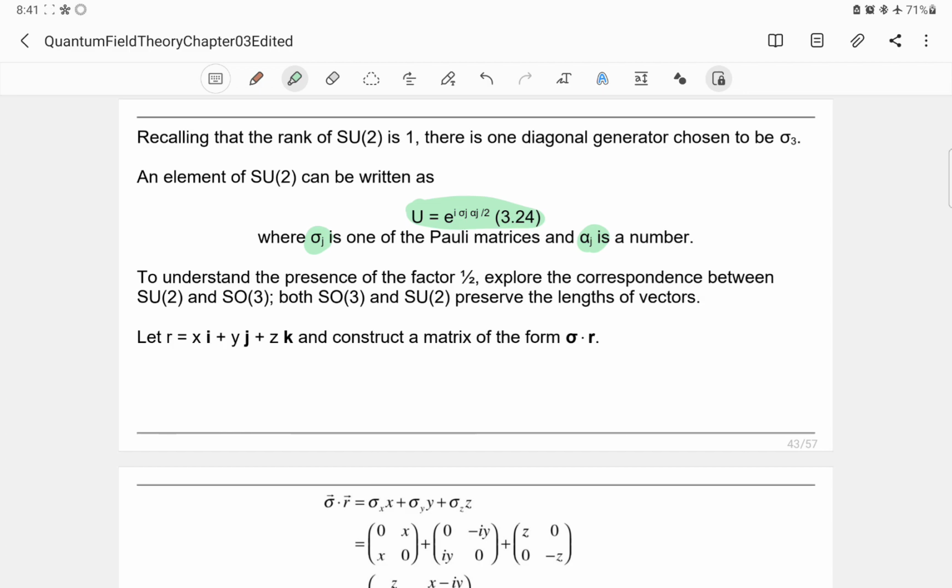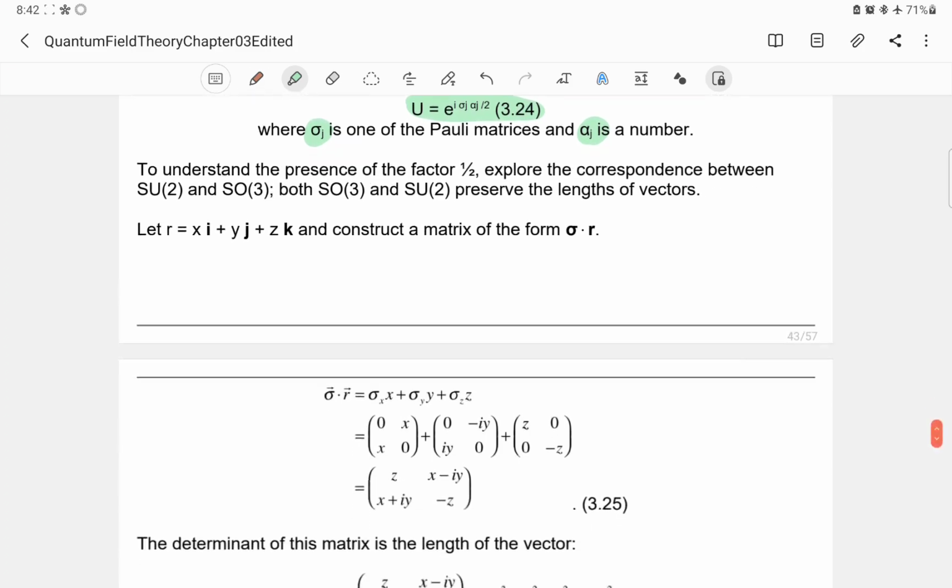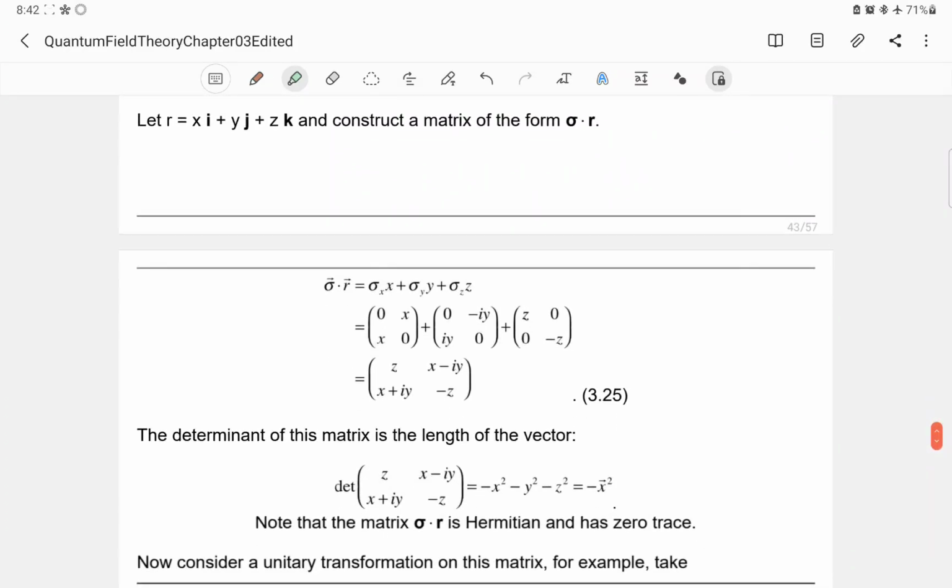If we look at this vector R, xi, yj, and zk, and we construct the matrix of the form sigma dot R, that is sigma x multiplied by x, sigma y multiplied by y, and sigma z multiplied by z, and it will give you this matrix here.